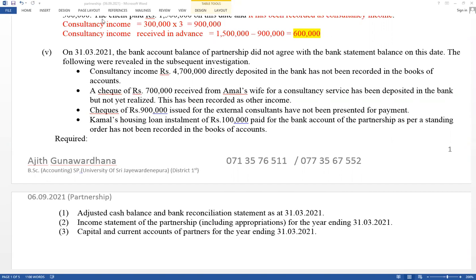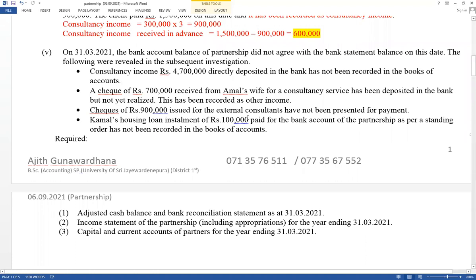A reason for the difference is also given. The following were resolved in subsequent investigation. Those are relevant for the adjusted cash control account and bank reconciliation. At the same time, try to complete the bank reconciliation. The reason for difference is given.